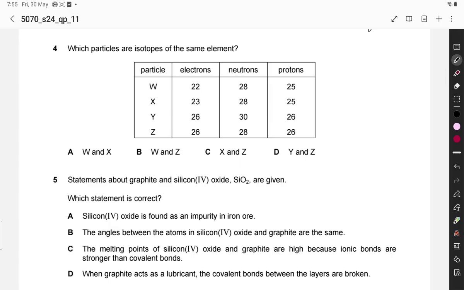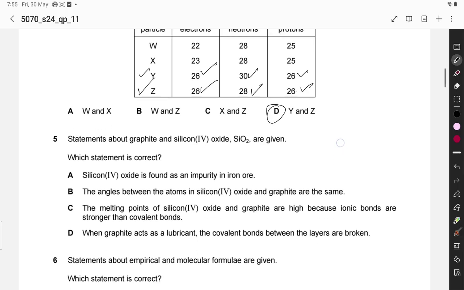Number of neutrons should vary, but number of electrons and number of protons should be the same. So 22, 25, 26, 26. Number of protons and number of electrons are the same, but number of neutrons are different. So Y and Z are isotopes.